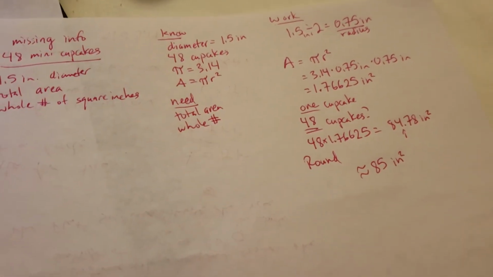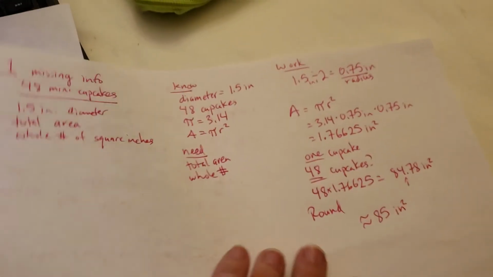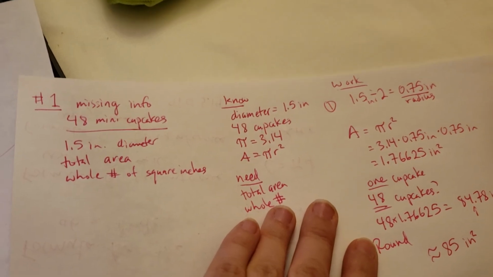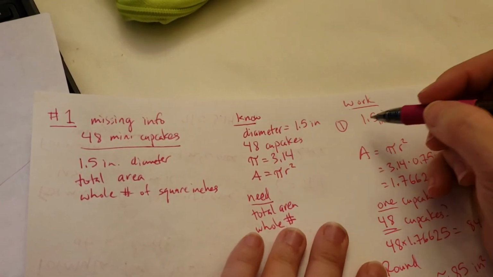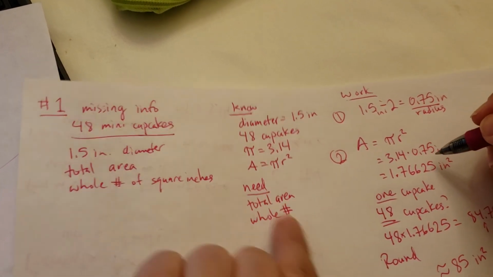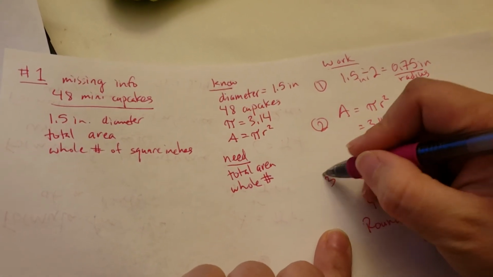Now this problem type, it's got a lot of work. It's got, like I said, about 4 steps. Your first step is once you recognize you're going to need the radius, you got to get the radius. If it doesn't give you a radius, you got to get the radius. The second step is use your formula to find your area. Third step is you realize, that's just 1. I got 48 of them, so I've got to multiply it.